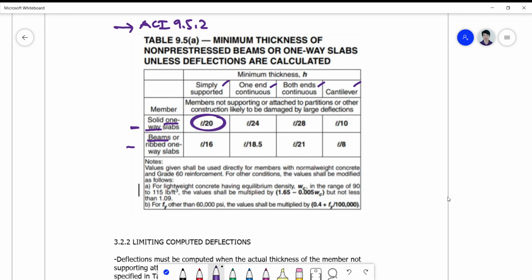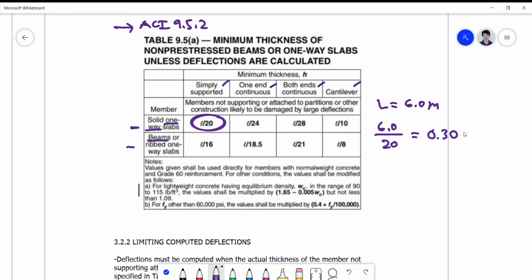It's as simple as, let's say your L is given to be 6 meters, you simply divide 6 over 20, and so this is 0.30.